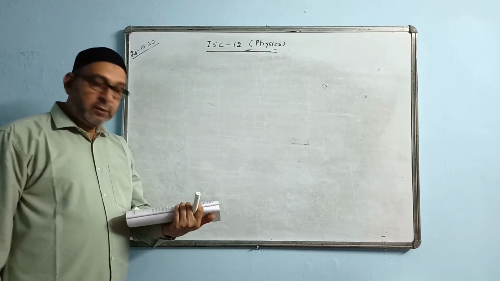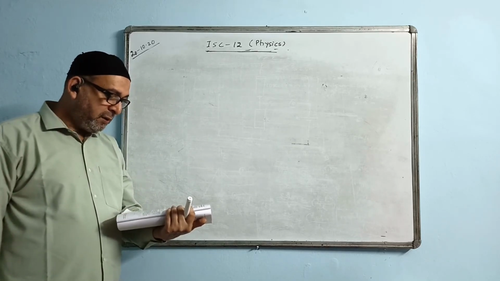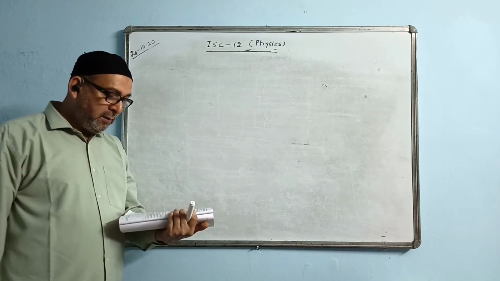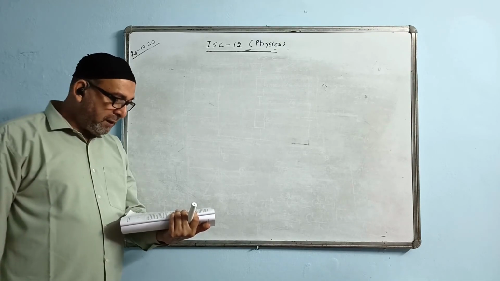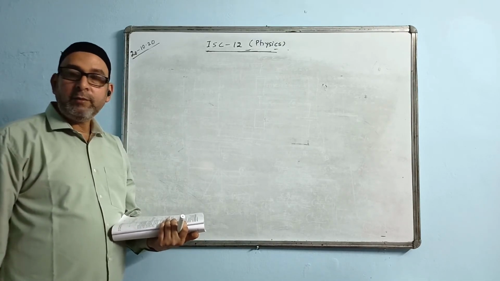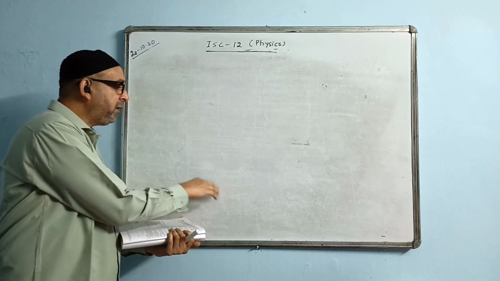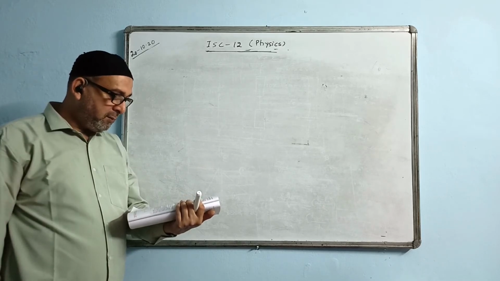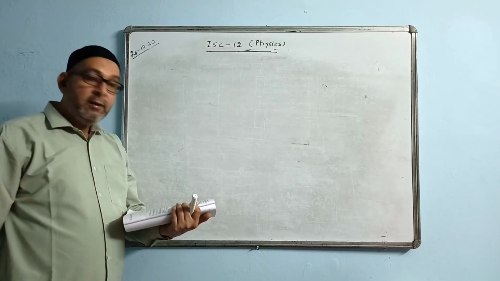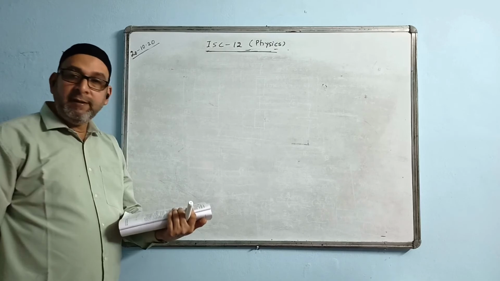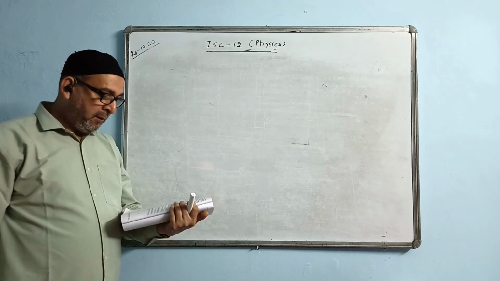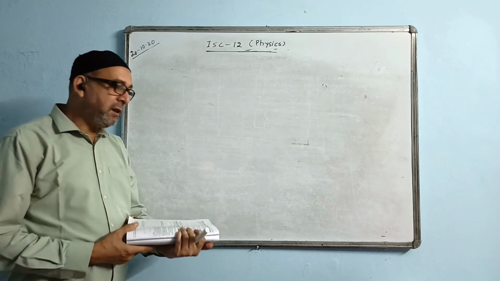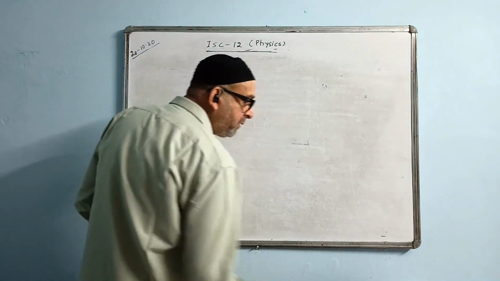When the terminals of the cell are shunted through a resistance of 7.5 ohm, shunted meaning we are putting it in parallel, a balance is obtained at 75 centimeter. Find the internal resistance of the cell.